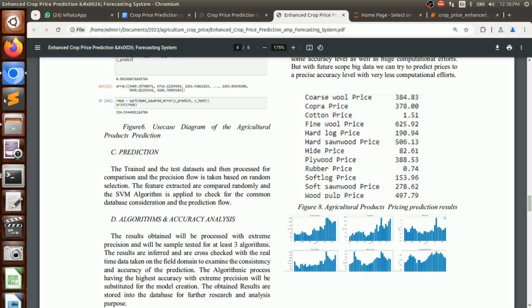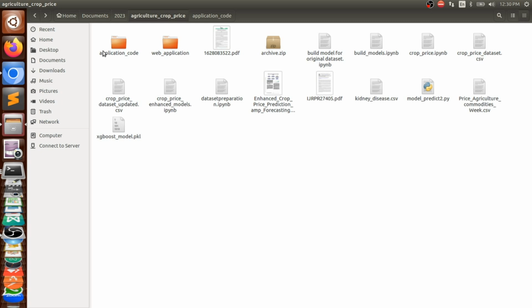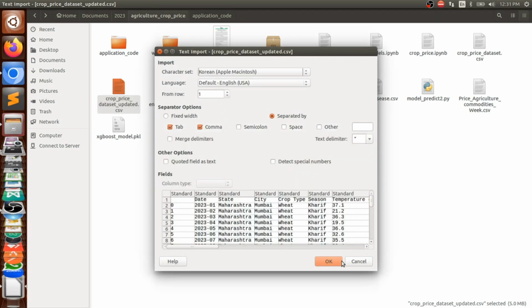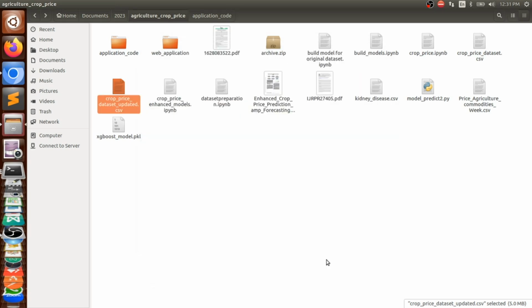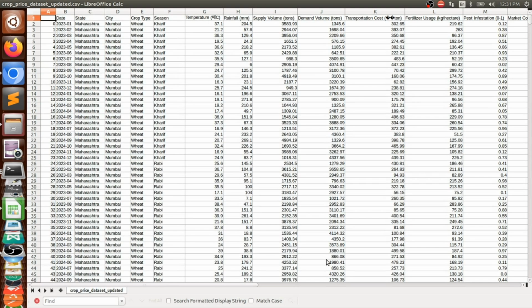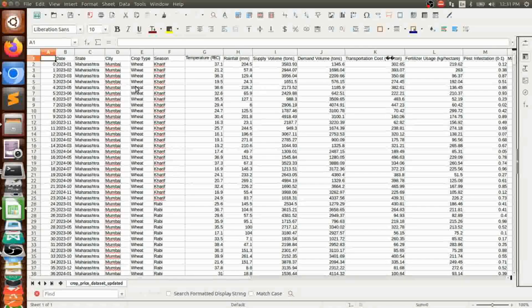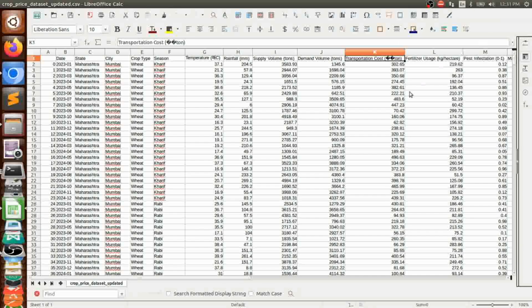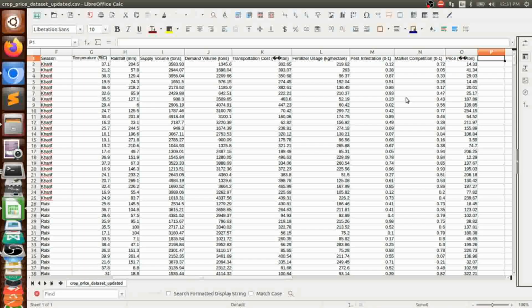For example, this is our data set, which is date of recording, state, city, crop type, season, temperature, rainfall, supply volume, demand volume, transport cost, fertilizer usage, pest infestation, and so many things.